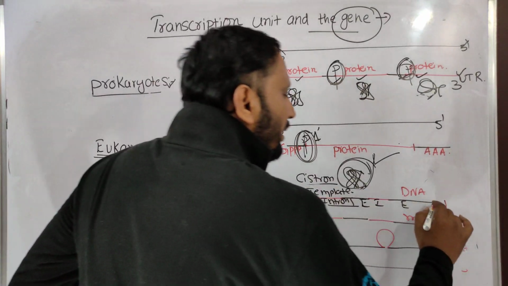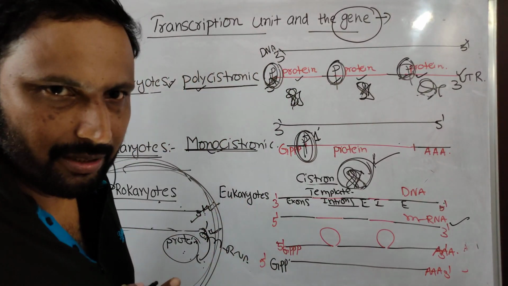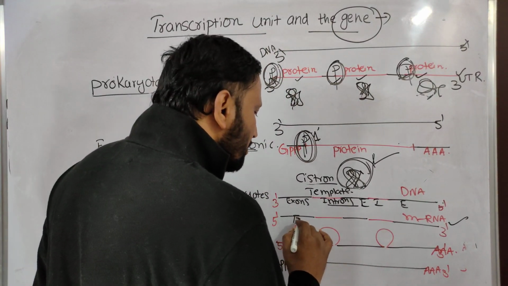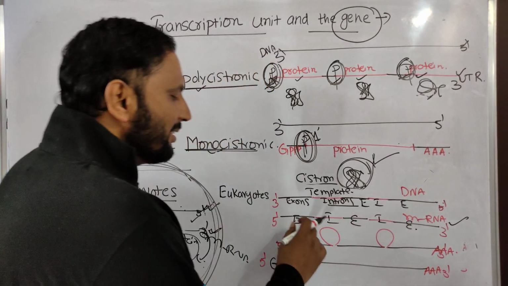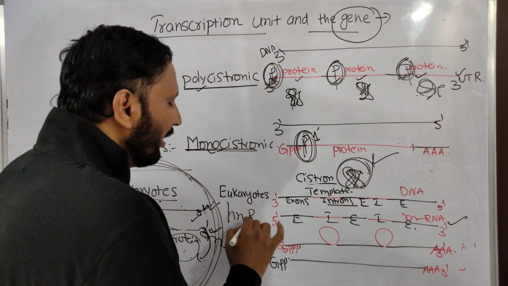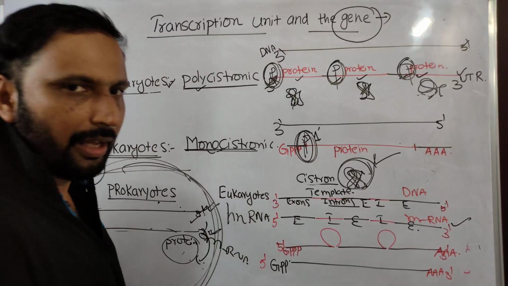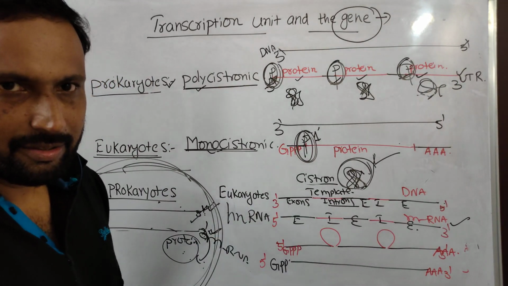Anyway, that DNA forms mRNA by a process called transcription. Even in this mRNA, both exons and introns are present. Hence that mRNA is now called hnRNA. It is not yet mRNA; it is heterogeneous nuclear RNA, which contains both exons and introns.